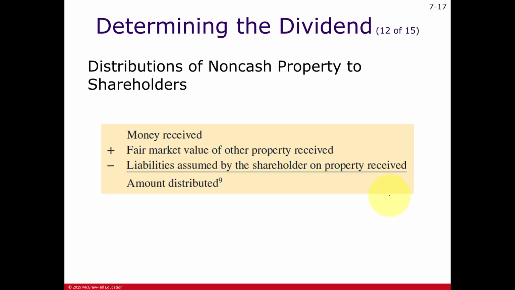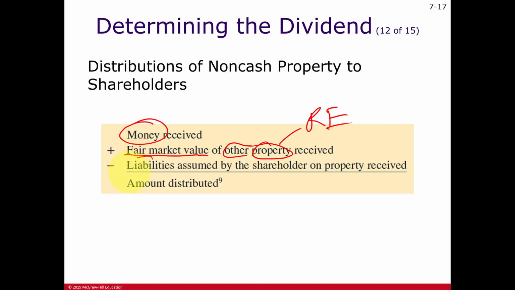So what is the amount of the dividend? It's easy if the only thing you're receiving is money. $1 of money is $1 dividend. But if you're receiving other property, you've got to look at its fair market value. Sometimes the property could be real estate, and we know real estate is typically purchased, in this case by the corporation, with a mortgage.